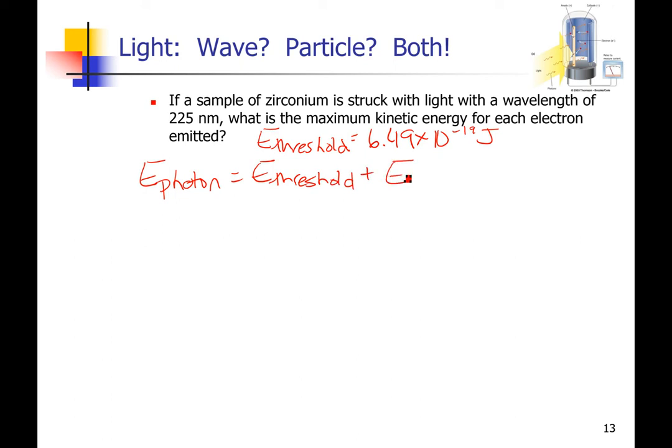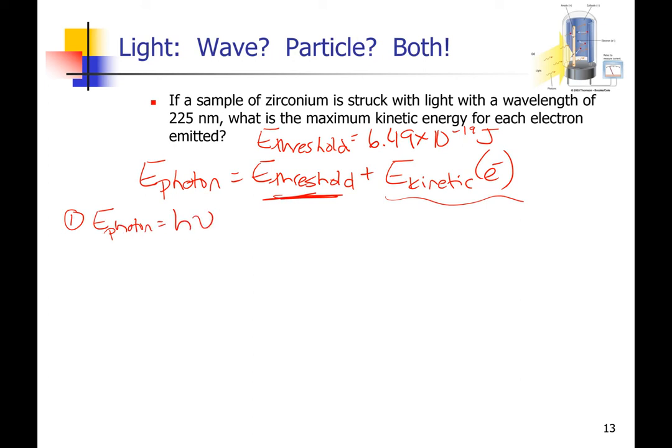of that electron. So we have threshold energy. We're solving for kinetic energy. That means we need energy of the photon. So to calculate that, we know that the energy of a photon is equal to Planck's constant times the frequency, except we weren't given the frequency. We were given the wavelength.